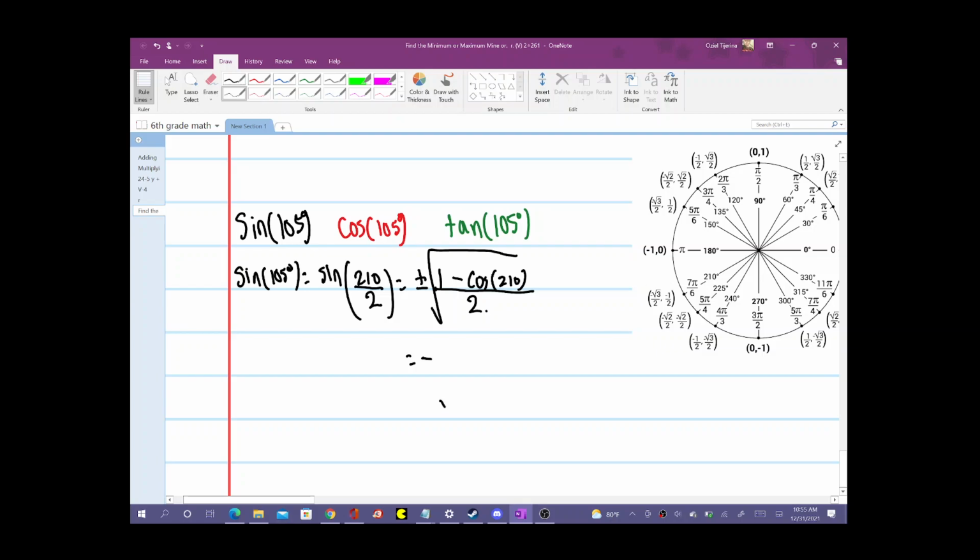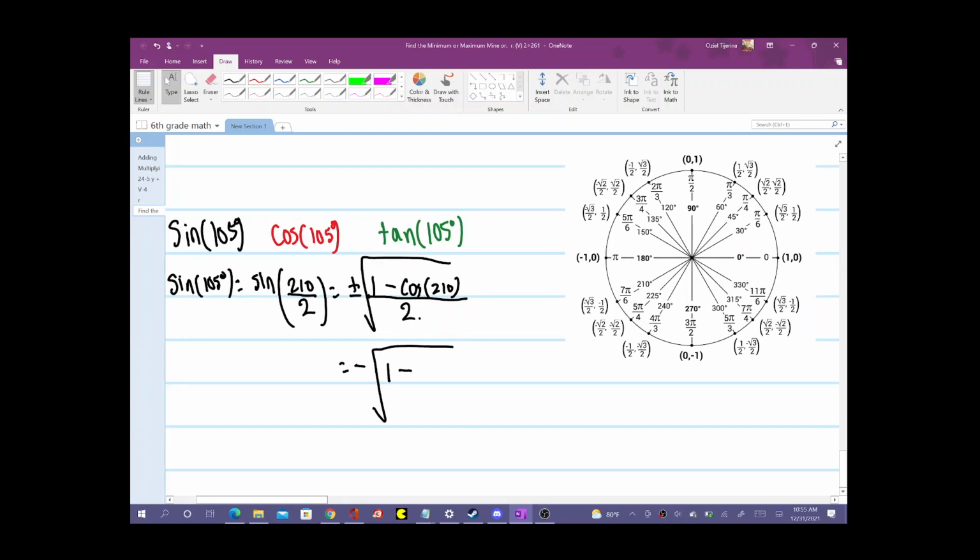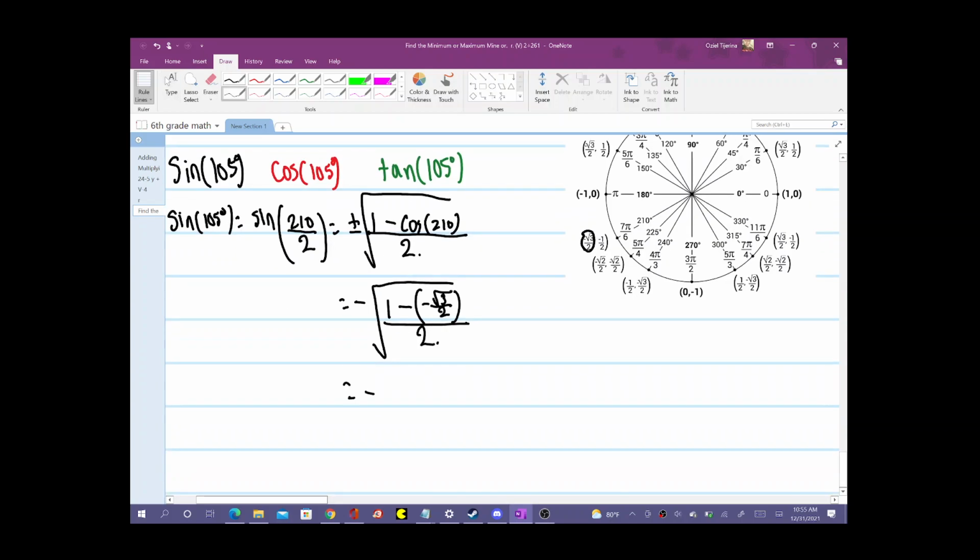It's going to be negative the square root of 1 minus, and the cosine of 210 is negative square root of 3 over 2. So it's going to be 1 minus negative square root of 3 over 2, all over 2. So then this becomes negative the square root of 1 plus square root of 3 over 2, all over 2.